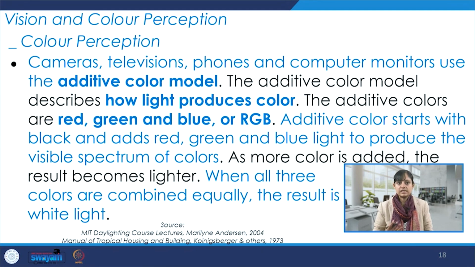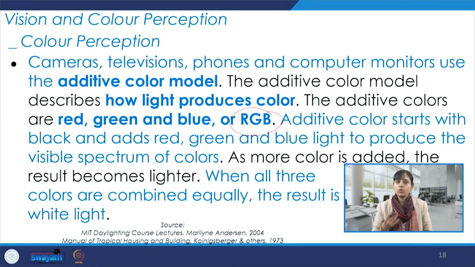Continuing with the color perception, we must have come across several times the RGB color scheme and the CMYK color scheme. So what are these and how can we try to understand them very briefly? Cameras, televisions, phones, computer monitors use the additive color model.